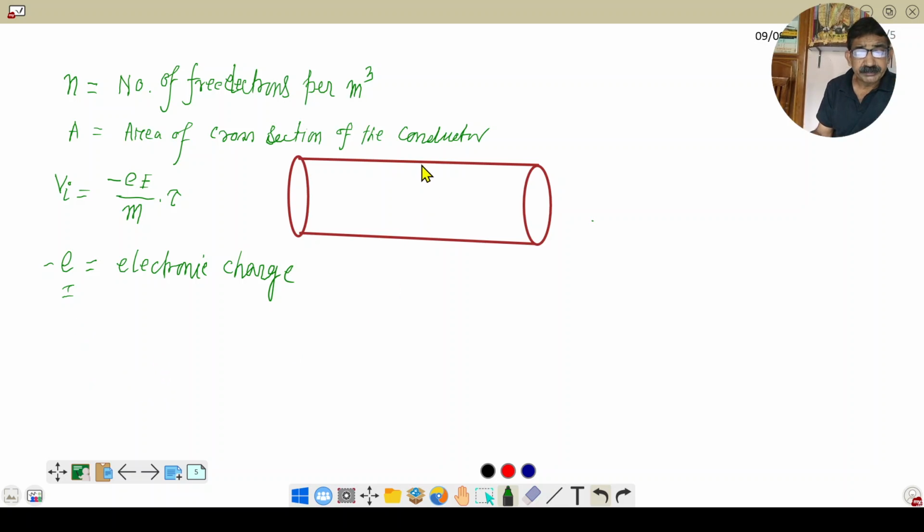Now we consider a section inside the conductor of the same area of cross section. The area of cross section of this is equal to A, and the electrons are moving from point A to point B. This is the direction of motion of the ith electron, and in general all the electrons move with a drift velocity equal to Vd.